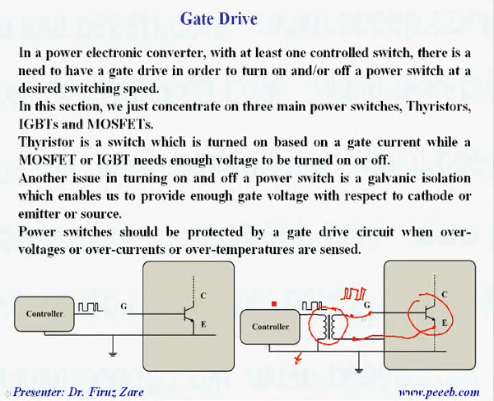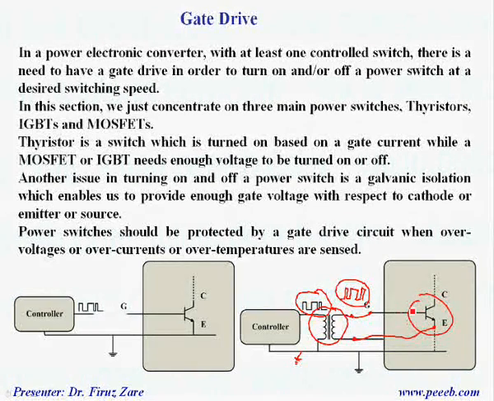Whatever I have here from the controller, I can generate the same signal, the same voltage waveform, even at a different voltage level, and then we can connect it to this transistor.